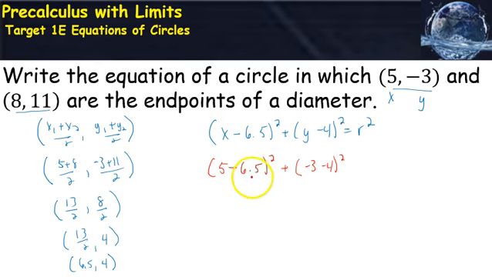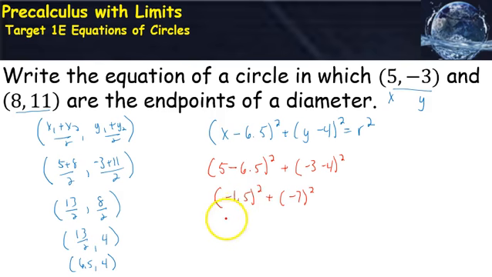So 5 minus 6.5 is, well, 6.5 is 1.5 bigger than 5, so it's -1.5 squared. And then -3 minus 4 is -7 squared. If you're not sure, just do this on your calculator. 5 minus 6.5, you're going to get -1.5.